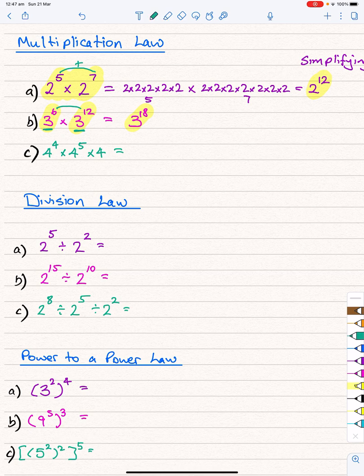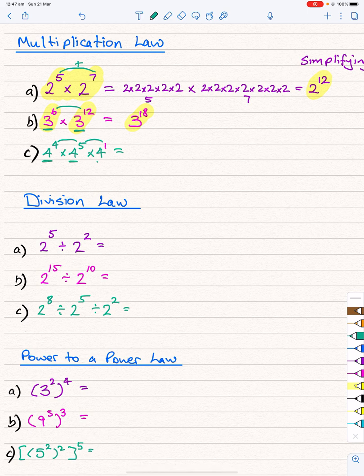Similarly, let's look at the third one. 4 to the power of 4 times 4 to the power of 5 times 4. What I'm going to do is add the powers. But before I do that, I've got to know something, and that is 4, written by itself, means 4 to the power of 1. So now when I add my powers, I'm not going to forget that I'm going to add 4 and 5 and 1 together to make 10.